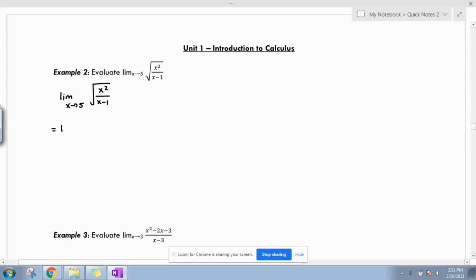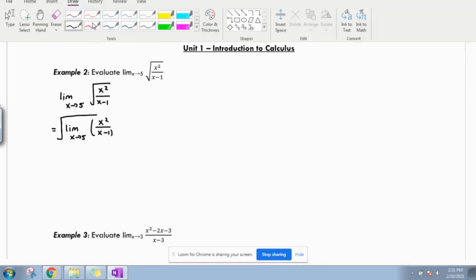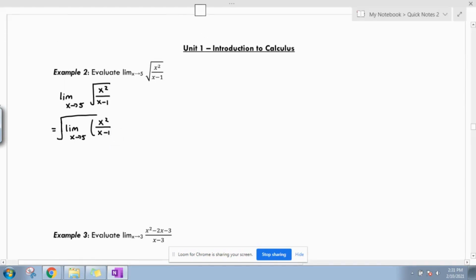So in this case, I'm going to do the square root of the limit as x approaches 5 for my function x squared over x minus 1. And then I'm going to break it apart again using my limit properties. That's going to leave me with the square root of the limit as x approaches 5 for x squared, and then the limit as x approaches 5 for x minus 1.